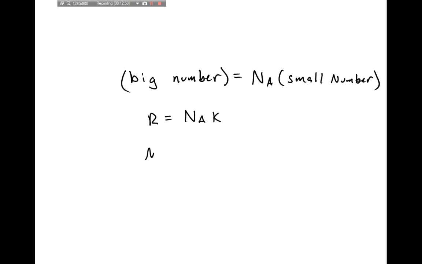And we have that the molar mass is equal to Avogadro's number times the mass of a single molecule. And we have that the number of molecules is equal to Avogadro's number times the number of moles. So all of these equations follow that same convention. We've got the capital letter over here on the left is equal to Avogadro's number times the lowercase number.